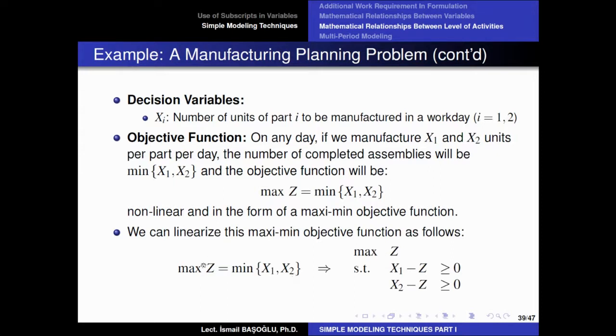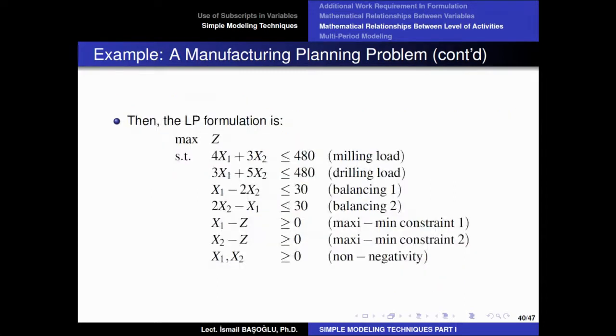So instead of writing this objective function in the nonlinear form, we are maximizing z as a variable, and x1 is supposed to be greater than or equal to z, and x2 is supposed to be greater than or equal to z simultaneously. Or, by taking the decision variables in these inequalities on the left-hand side, we are saying that x1 minus z is greater than or equal to 0, and x2 minus z is also greater than or equal to 0. All right. So the final model is as follows.